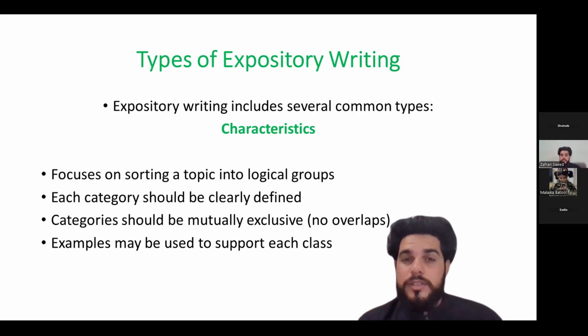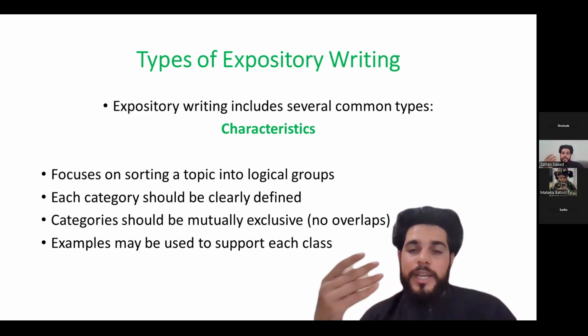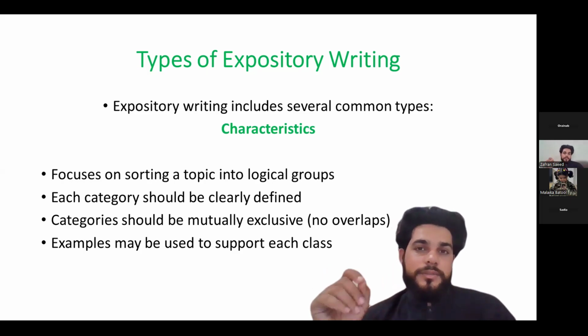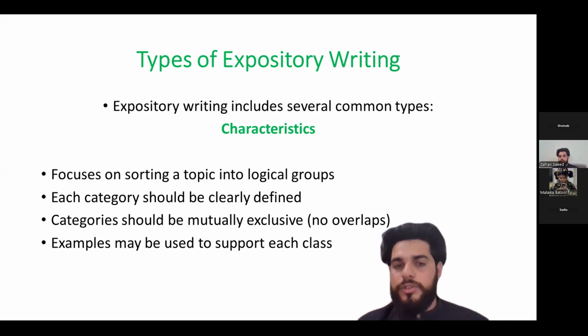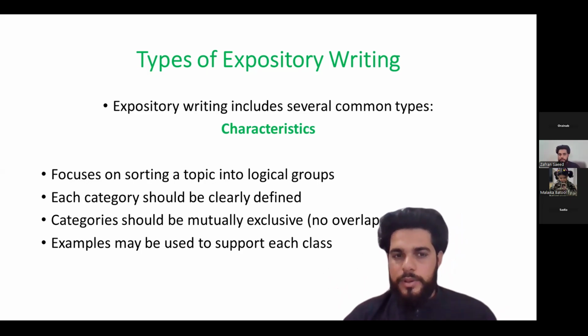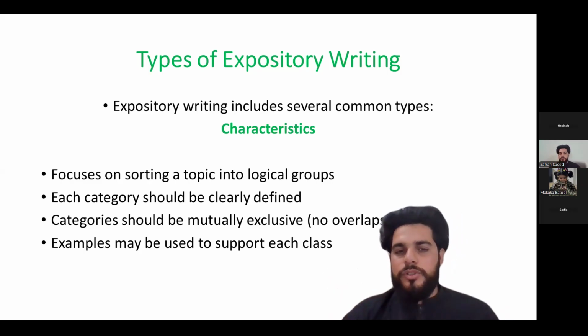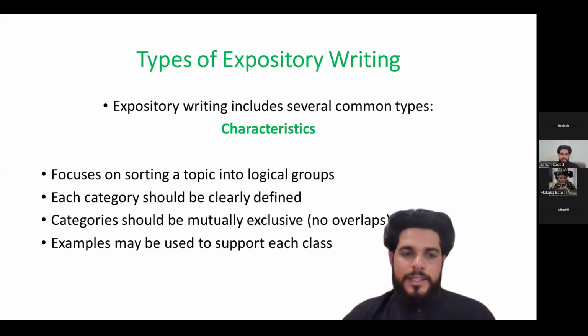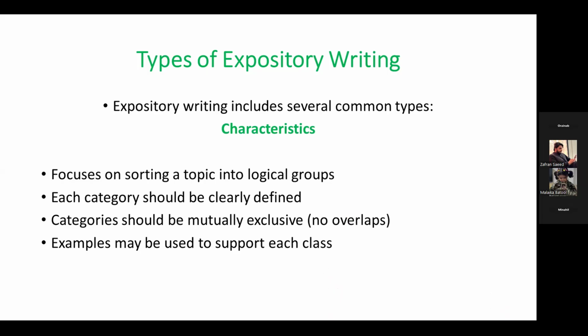Means that if we classify a topic into some categories, we will definitely define them clearly. The third one is categories should be mutually exclusive, means there will be no overlap and no confusion among these. Examples may be used to support each class, so we will provide examples that support each class.